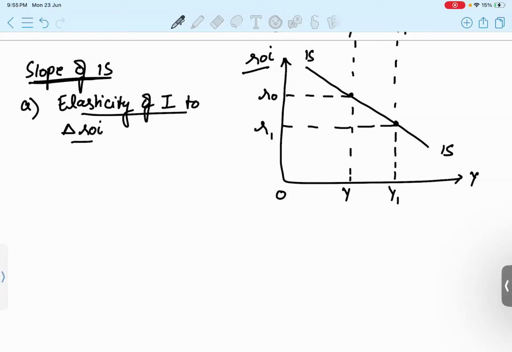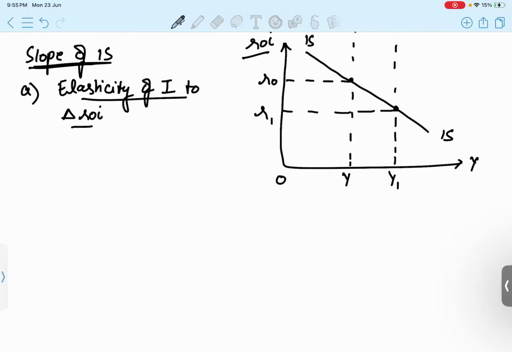So let's say the relationship is more elastic in nature, which means a small change in the rate of interest will have a huge impact on the scale or the level of investment in the economy. So the shape of the investment curve will be perfectly elastic, that is parallel to the x-axis.